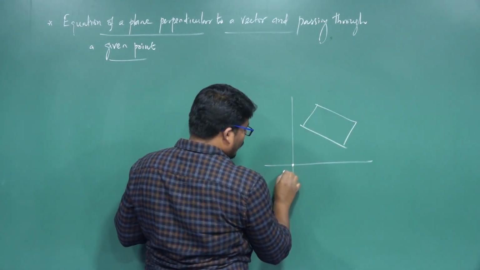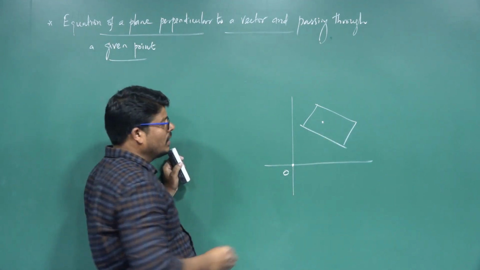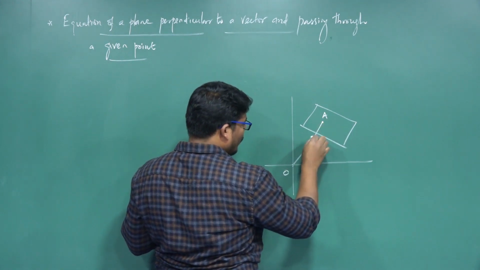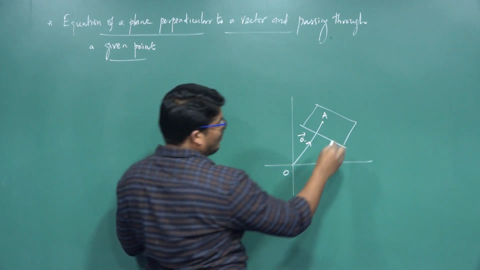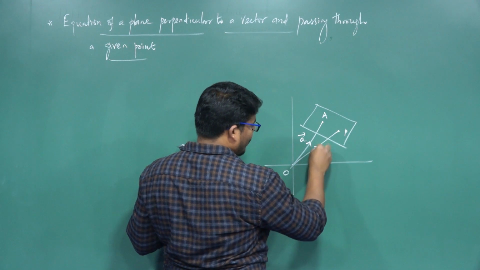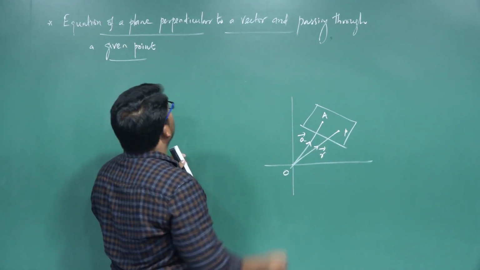This is the origin O. Let A be any point on the plane. Let OA vector equal to a vector. Let P be any point on the plane. Let OP vector equal to r vector.